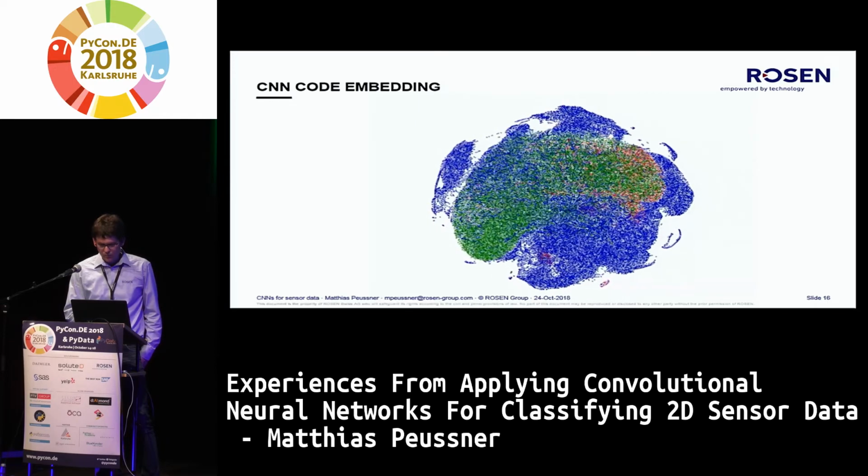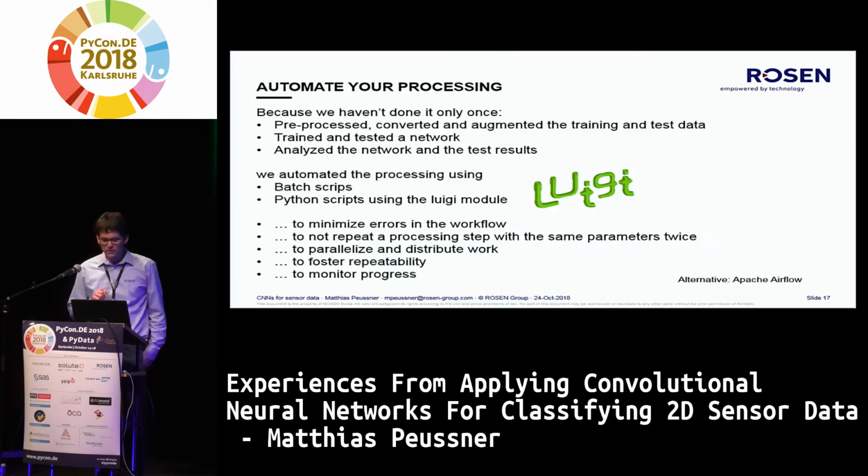What is also very important is that during the work I have automated all the processes. There, of course, I used Python and some batch scripts. I haven't done the pre-processing only once. As you know, you are always changing your code, trying out different things.